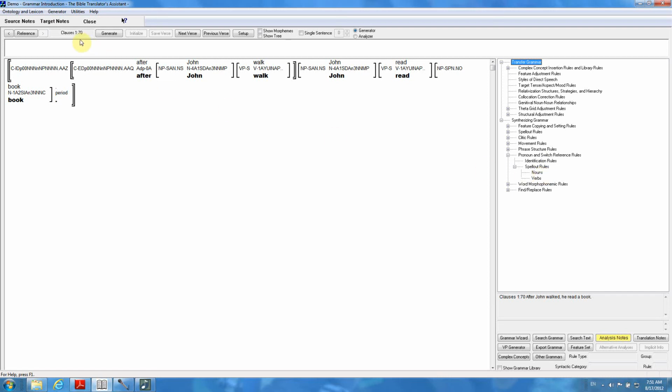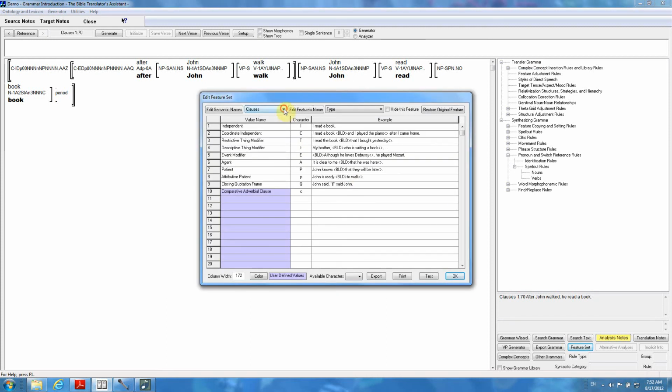We're here at Clauses 170, which produces in English, "After John walked, he read a book." But there are no pronouns in the semantic representations. In English, we generate a "he" right here, but in the semantic representations, we always have the nominal, in this case, John. It's up to us to write rules that identify which nominals can be realized with a pronoun, and then provide the proper surface form.